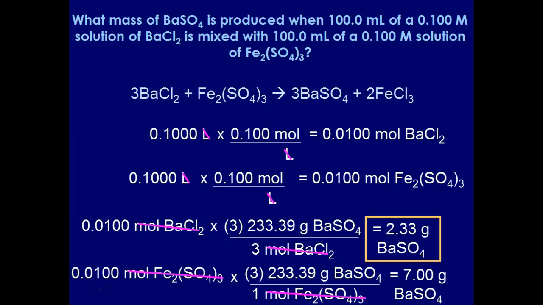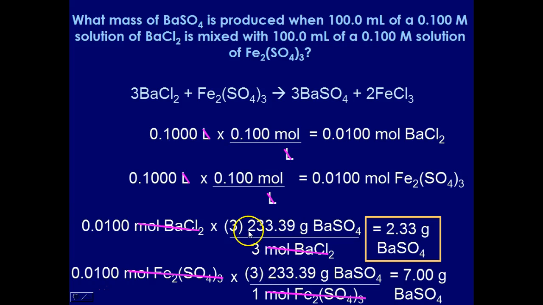So as a review, I looked at both reactants after I wrote my balanced equation because I had information for both of them. I used that to find the moles of both of those reactants. I then used the moles of those reactants to determine how much of the substance I was looking for, barium sulfate, I could make.